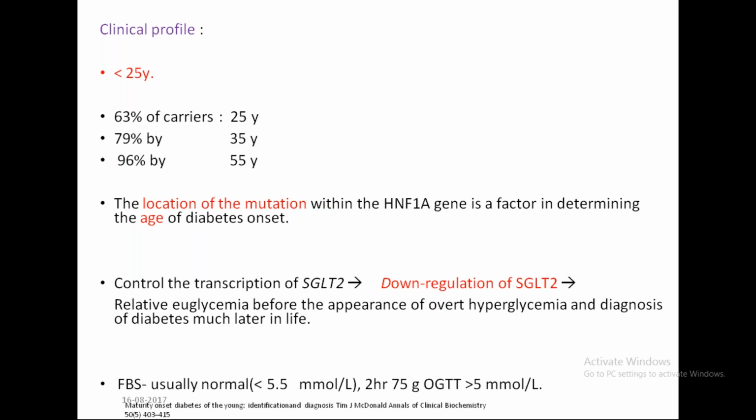And relative euglycemia before the appearance of overt hyperglycemia, and diagnosis of diabetes occurs much later in life. And FBS is usually normal, but 2 hours 75 gram OGTT is more than 5 millimole per liter.